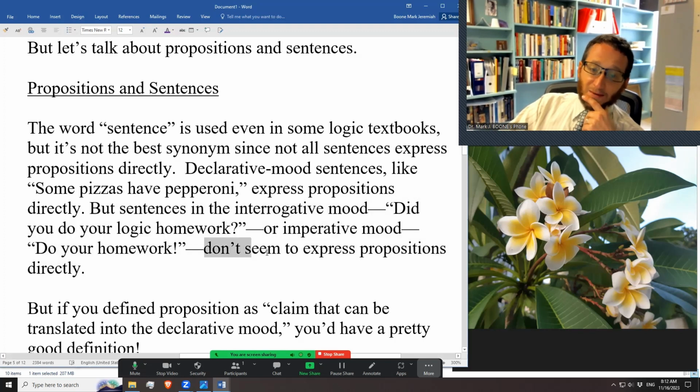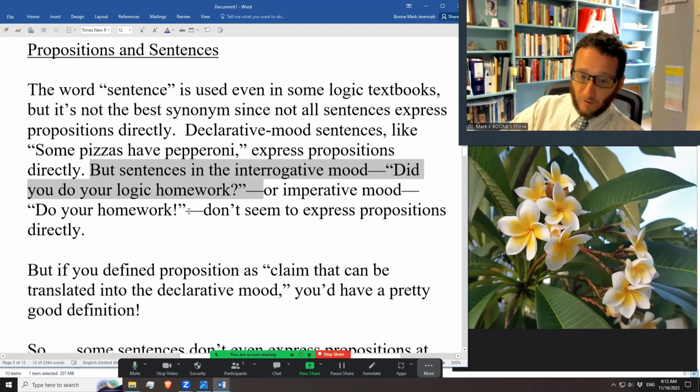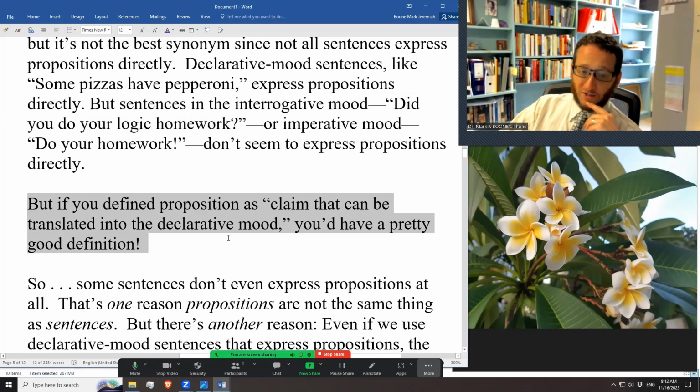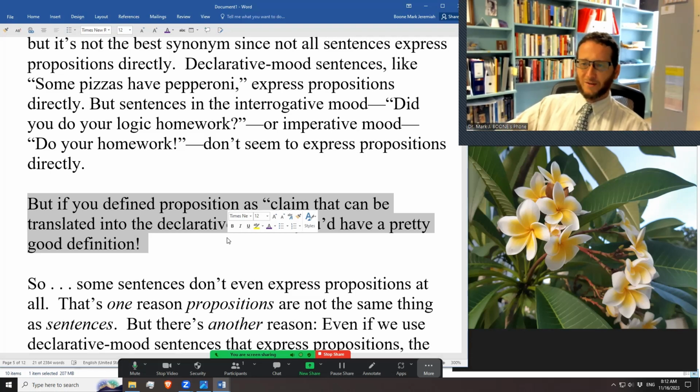They certainly don't seem to, at first glance, express propositions, and sentences in the interrogative mood don't express propositions at all, except when they do, like in a rhetorical question. In a rhetorical question, like when Lisa Simpson says, "Can there be any doubt that global warming is the result of human activity?" Well, yeah, there can, but that's not the point. When she says that, she's expressing the proposition that there can be no doubt, or maybe she means there can no longer be any reasonable doubt or something like that.